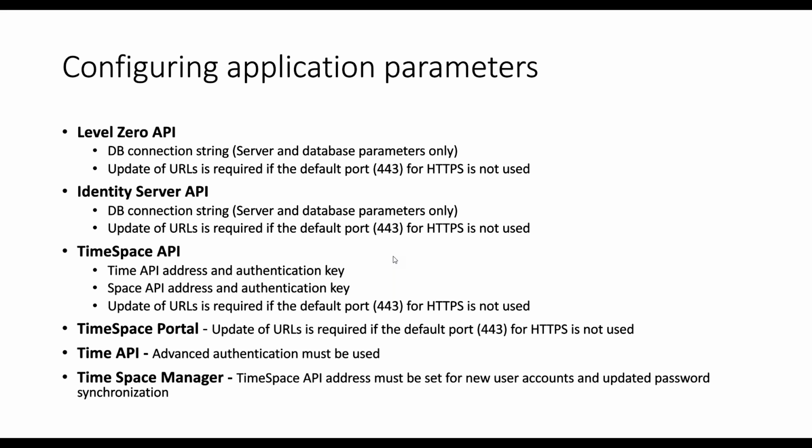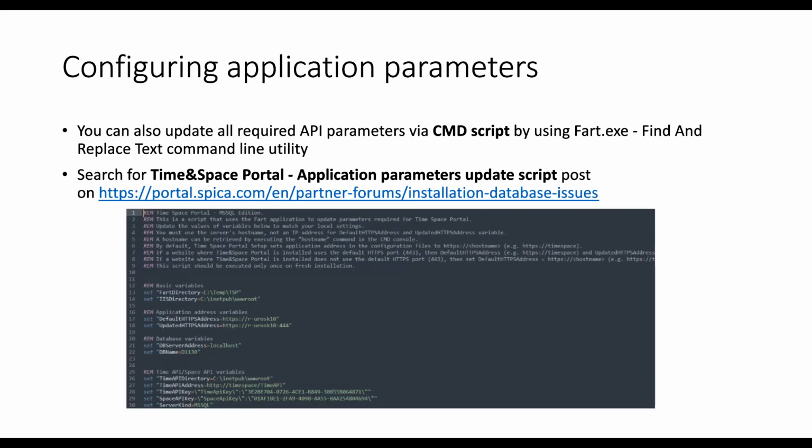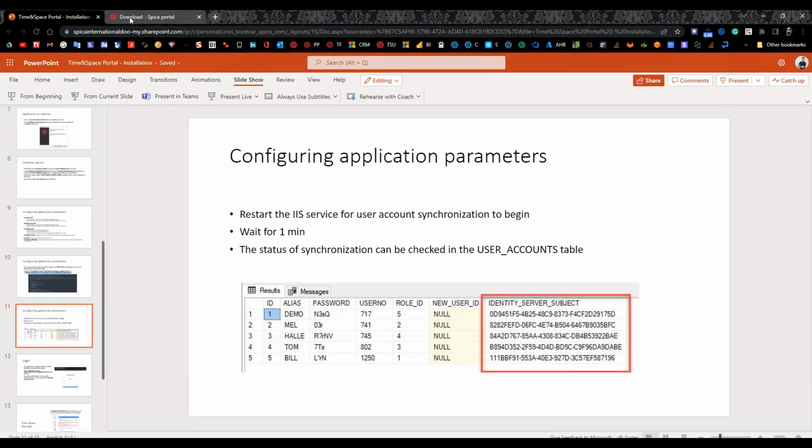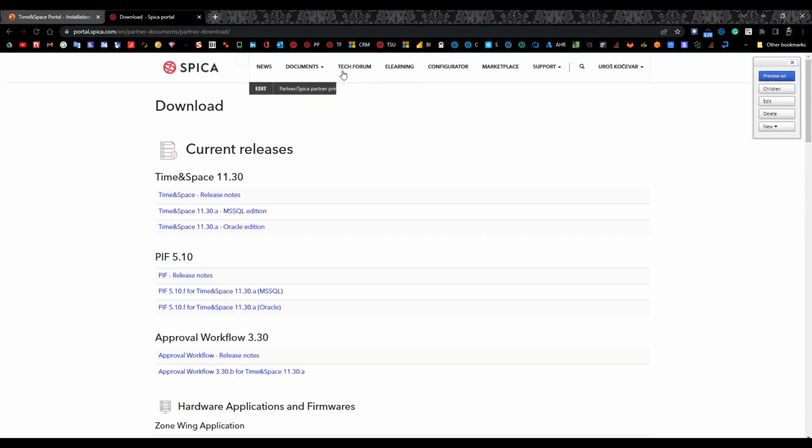So where can you find this script? This script is found on our partner forum. If you go to our partner forum and search for this post, TimeSpace portal application parameter update script, you will get this script. I can show you.